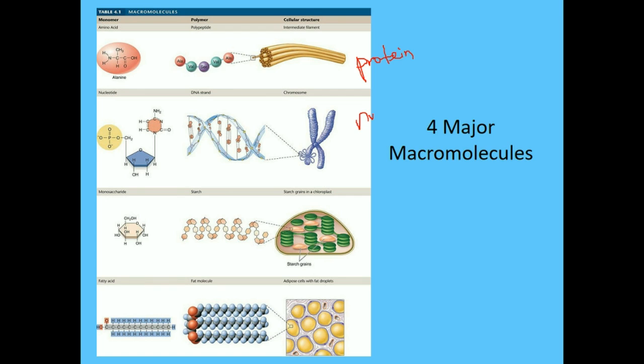The second one is your nucleic acid. Okay, the third one is your carbohydrate. And your bottom one down here is your lipid. Okay, these are just examples of the macromolecules made up from their monomers.